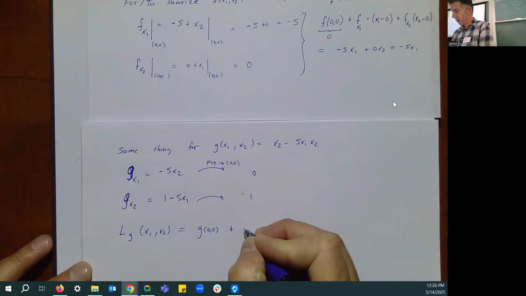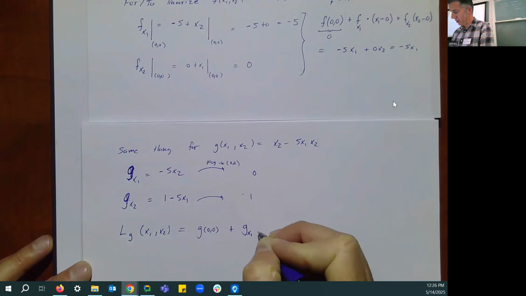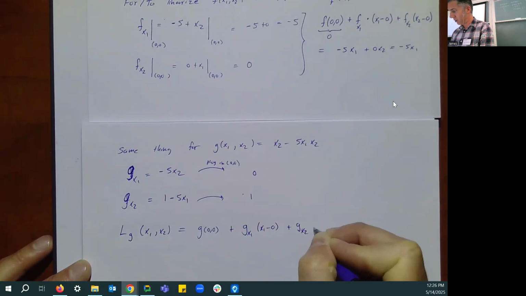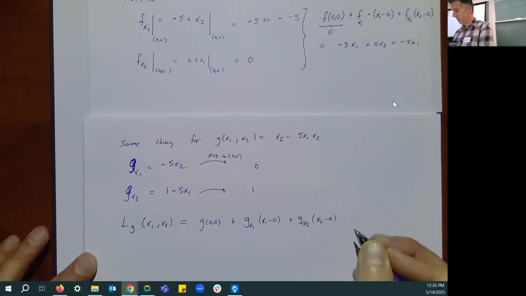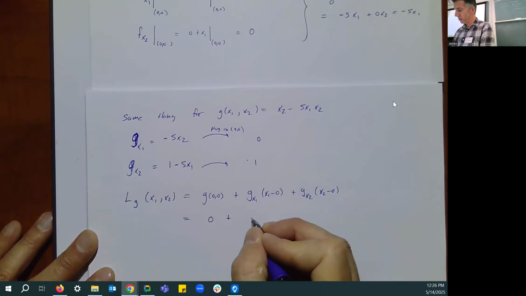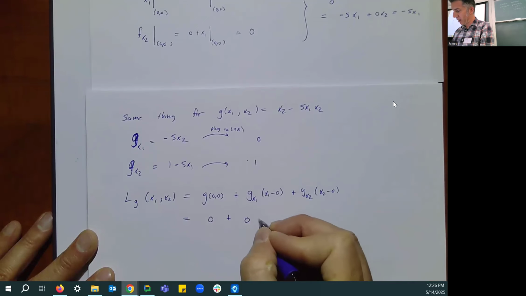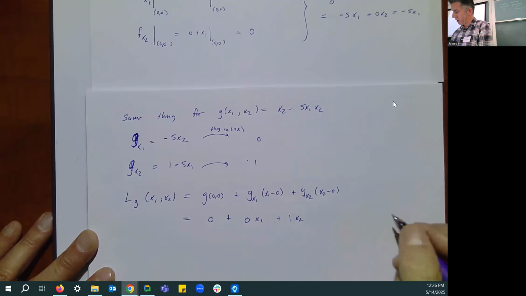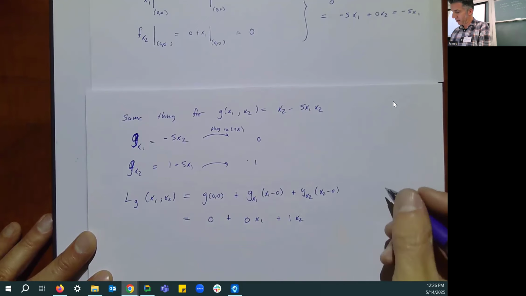And then it's going to be the partial of g with respect to x1 times x1 minus 0 plus the partial of g with respect to x2 times x2 minus 0, which in this case is also not particularly exciting. It's going to be 0 plus 0 times x1 plus 1 times x2. So our linearization here is just x2.